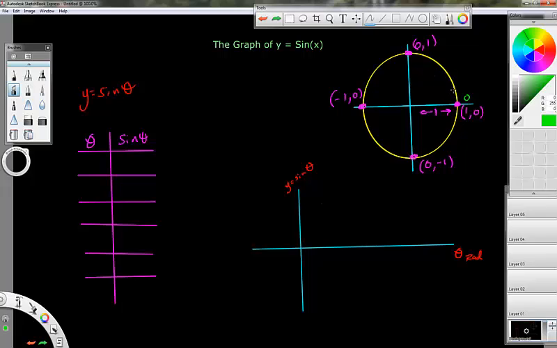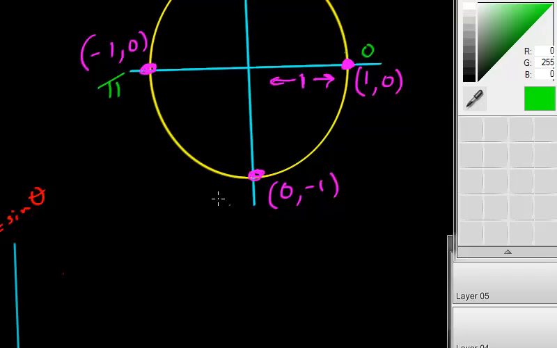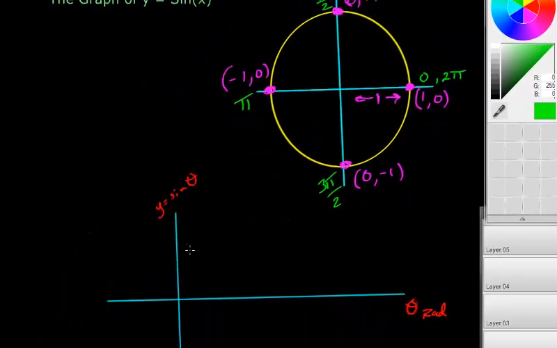This would be pi over 2, which would be 90 degrees. If you wanted to figure that out, you could take 90 and multiply it by pi over 180, and it would turn that into that. This would be pi. This would be 3 pi over 2. And if we did a full lap, it would be equal to 2 pi, and so on. You could keep spinning this, and in fact, the sine wave does keep spinning.